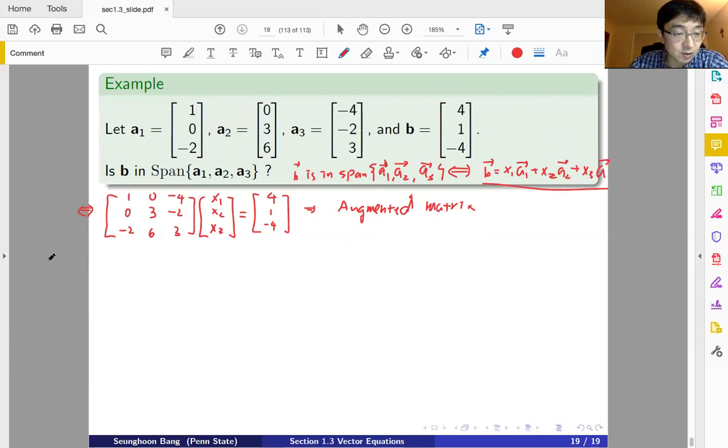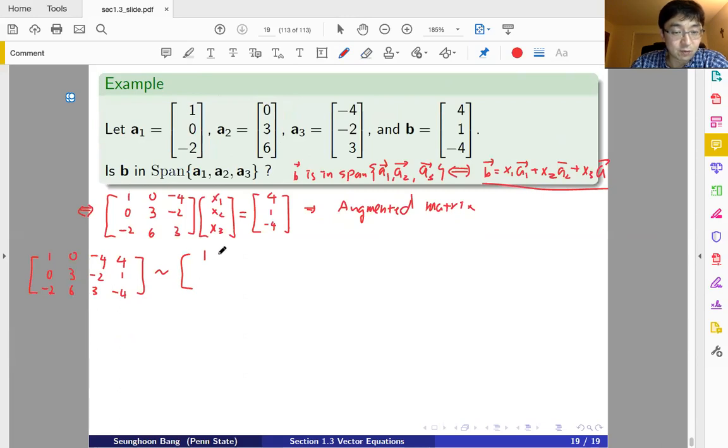So we have 1, 0, negative 2, then 0, 3, 6, then negative 4, negative 2, 3, and then 4, 1, negative 4. This augmented matrix you can change to the echelon form.